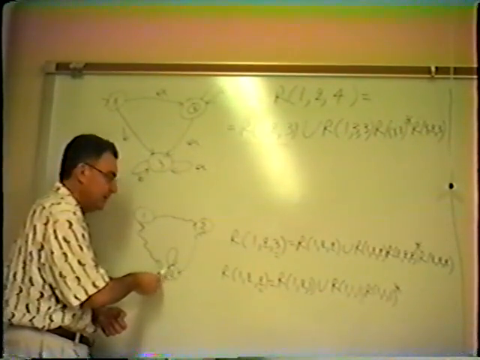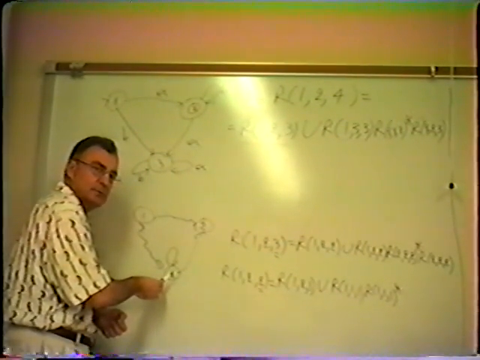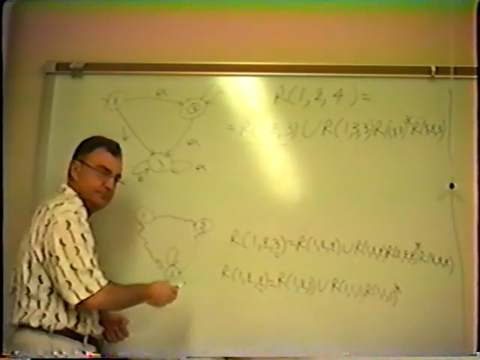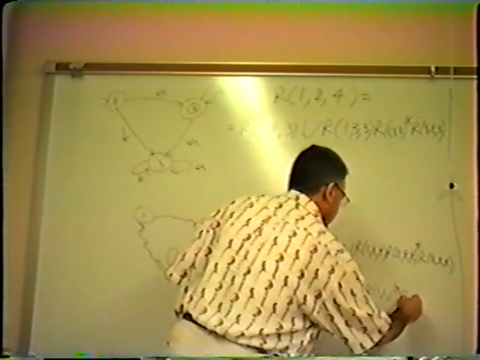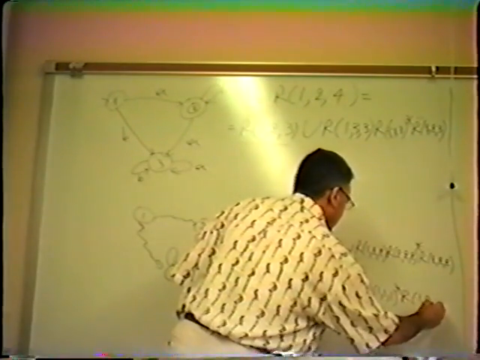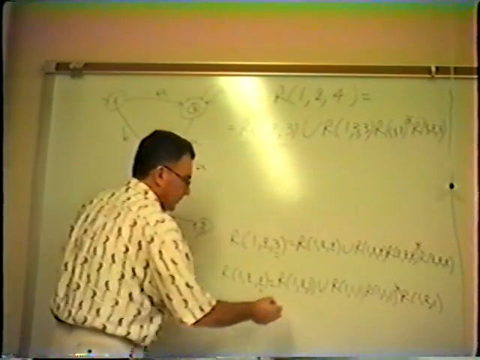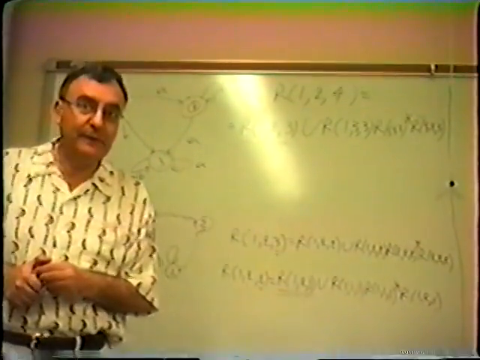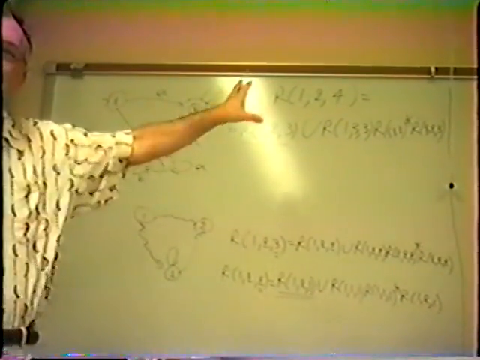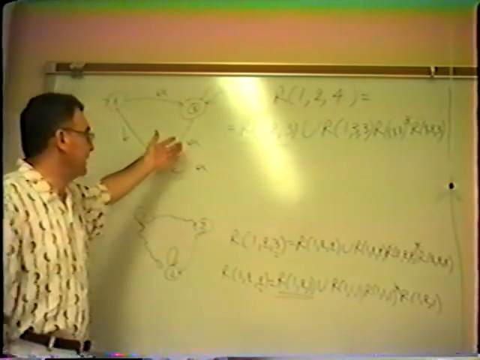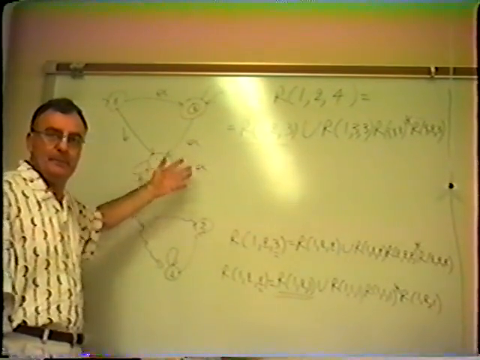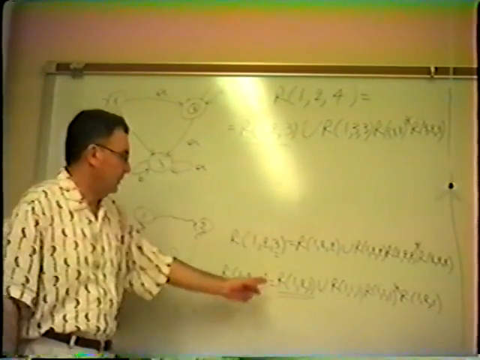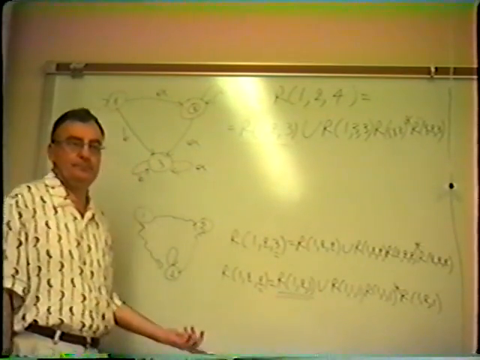All these things that will take you from 1 to 1. Now, your program can figure this out by looking at the adjacency matrix, the graph, the data structure used to represent this.